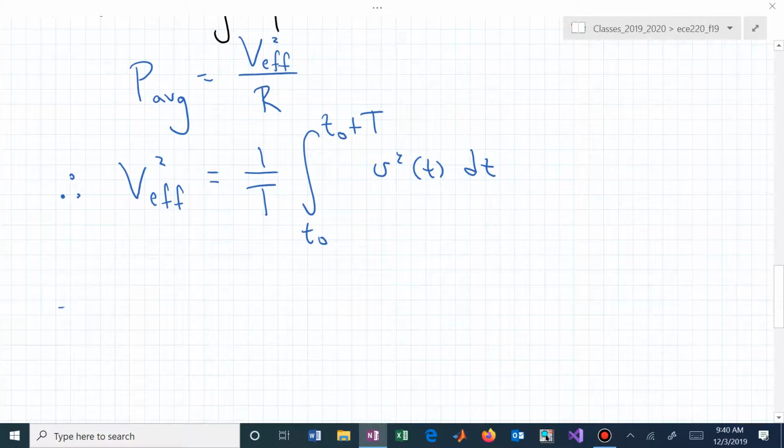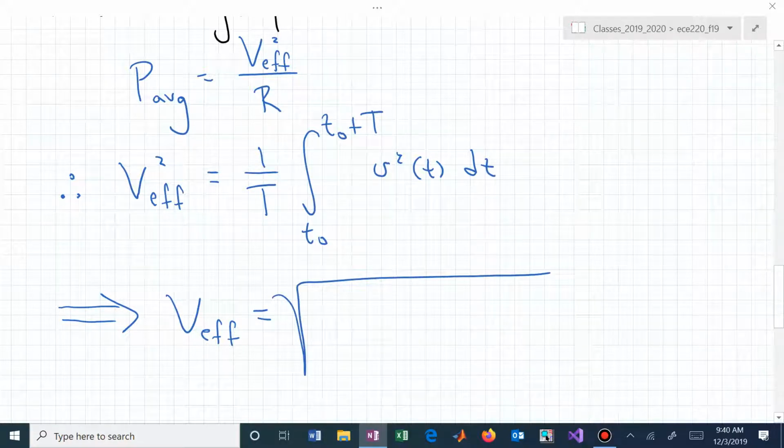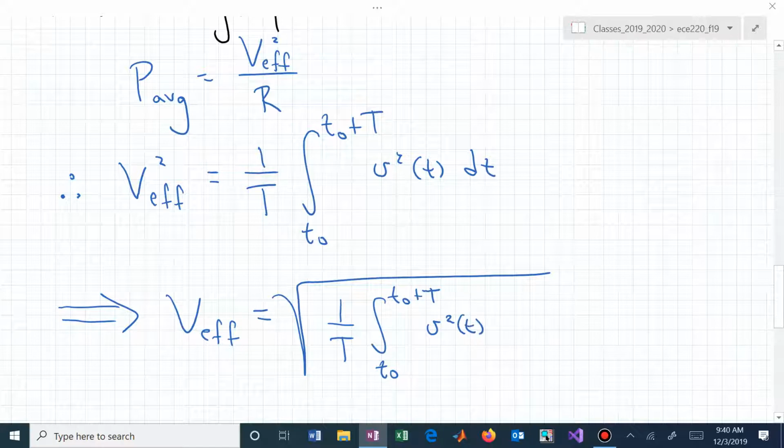Or, to know v effective, we just take the positive square root of the right hand side: the square root of 1 over T, integral from t0 to t0 plus T, v squared of t dt.